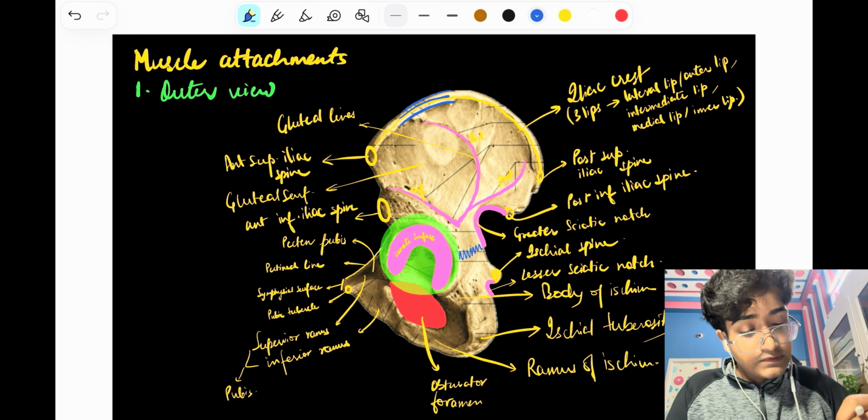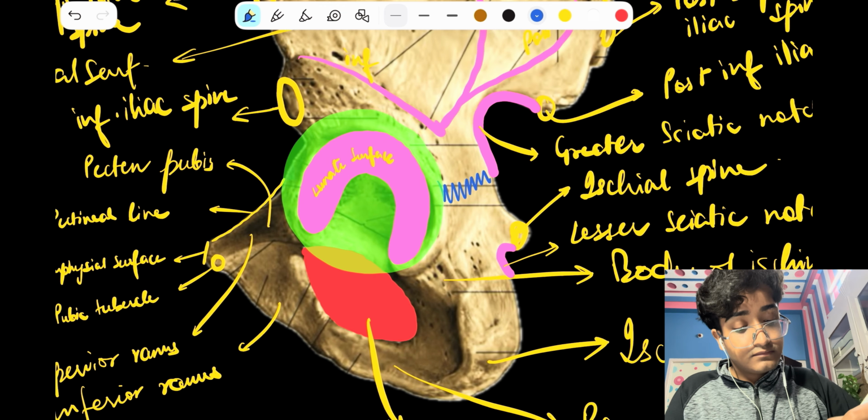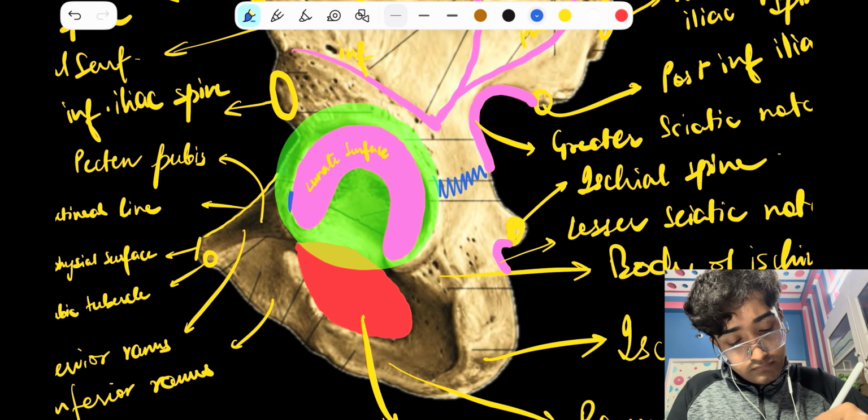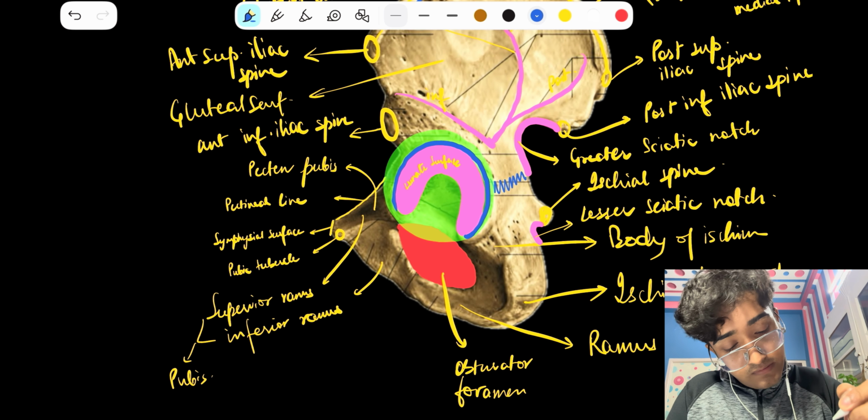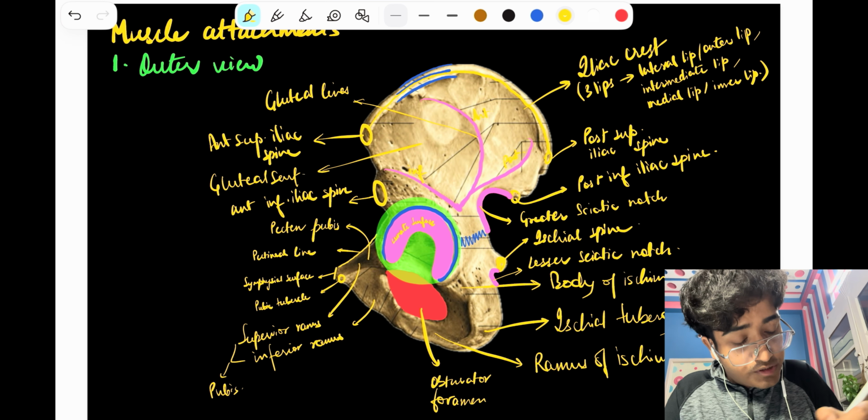Then this margin around the lunate surface is known as the acetabular margin.